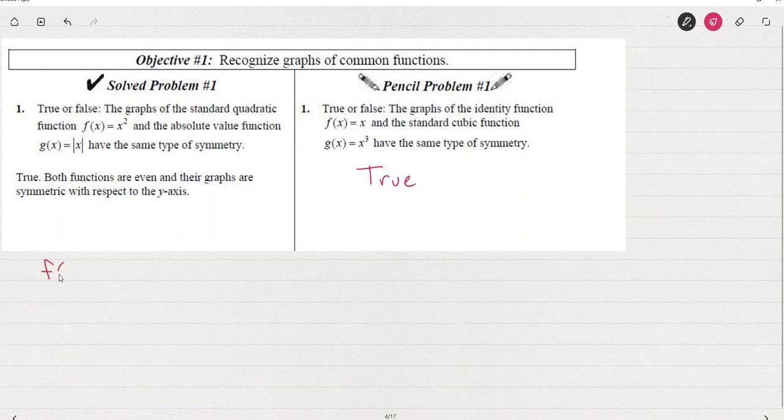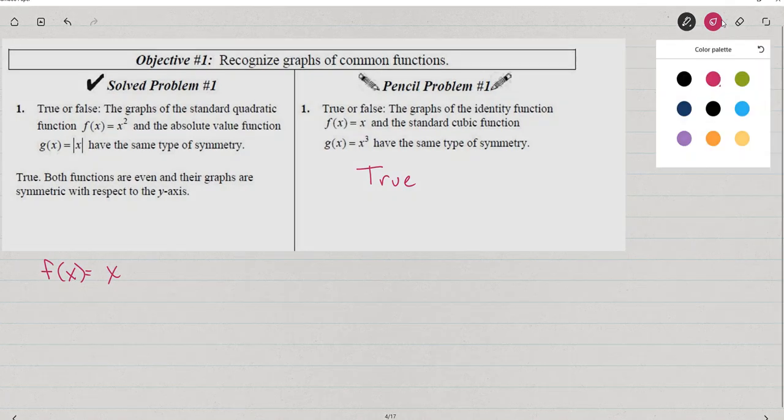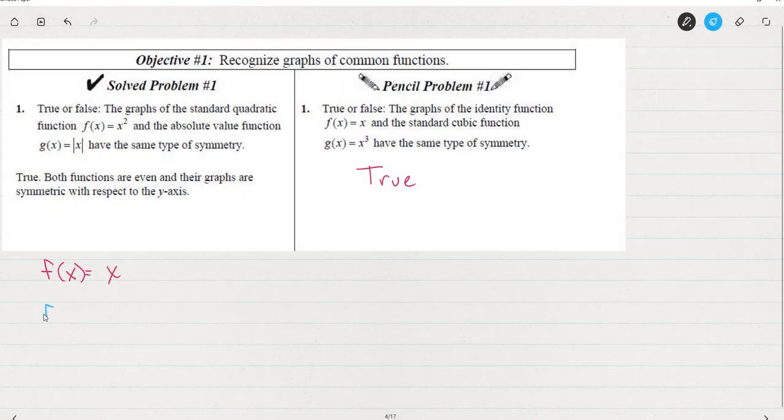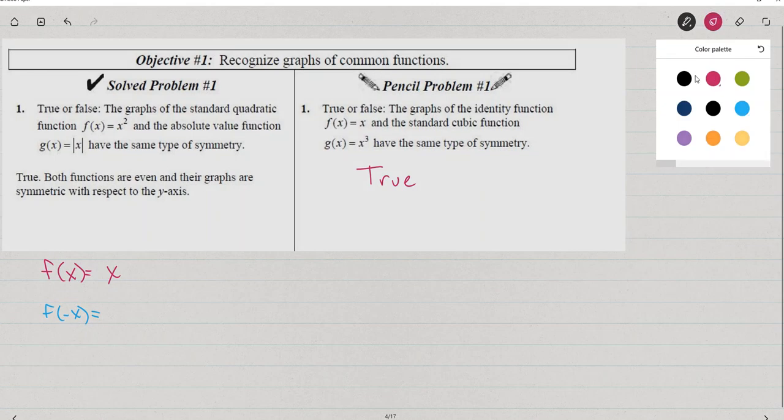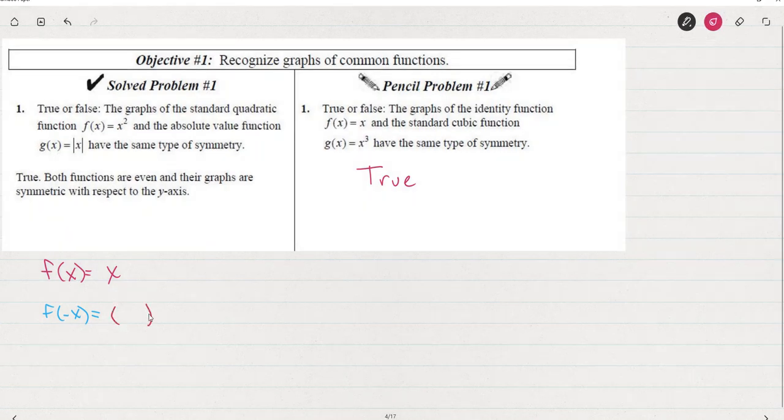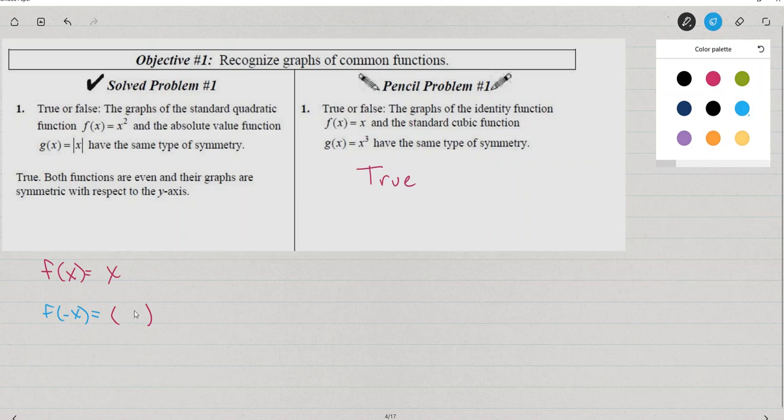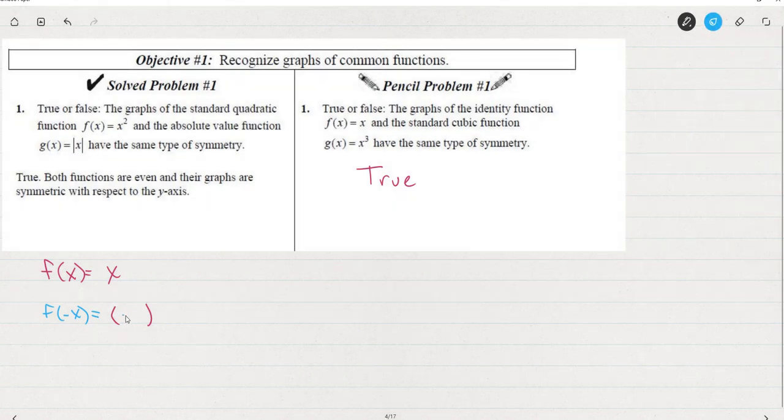So if I look at f of x is x, and then I look at f of the opposite of x, one way to look at this is I go to the x, right? And in place of x, I'm going to put the opposite of x. And the opposite of x is the opposite of f of x.